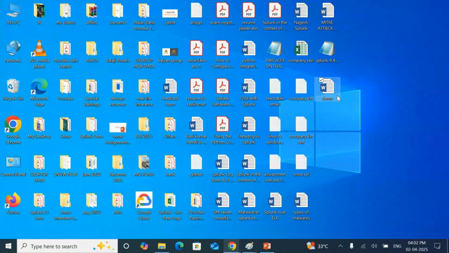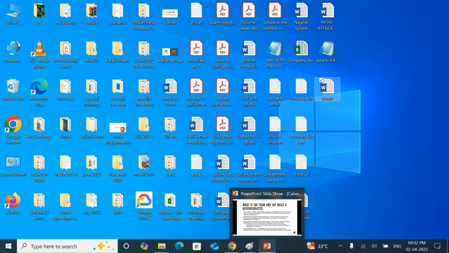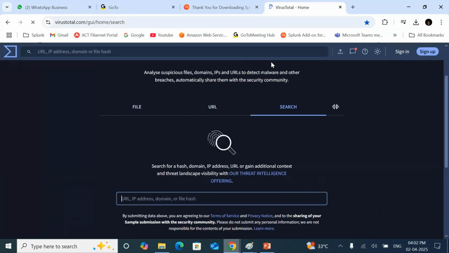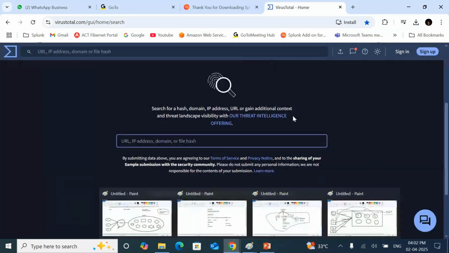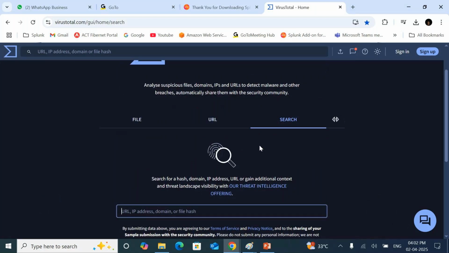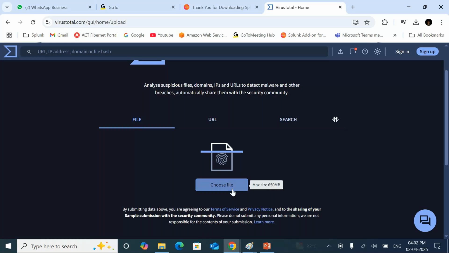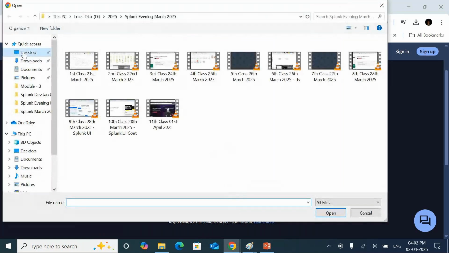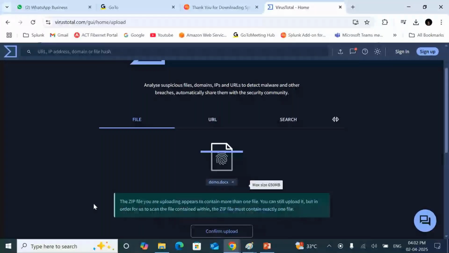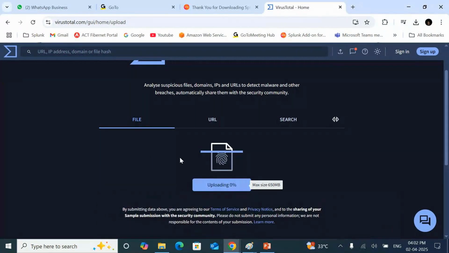For that, I am choosing a tool, that is VirusTotal. You need to take care about this information. Here, upload file, choose a file, desktop, demo, select. Now confirm the upload, and it will generate some hash keys, sir.